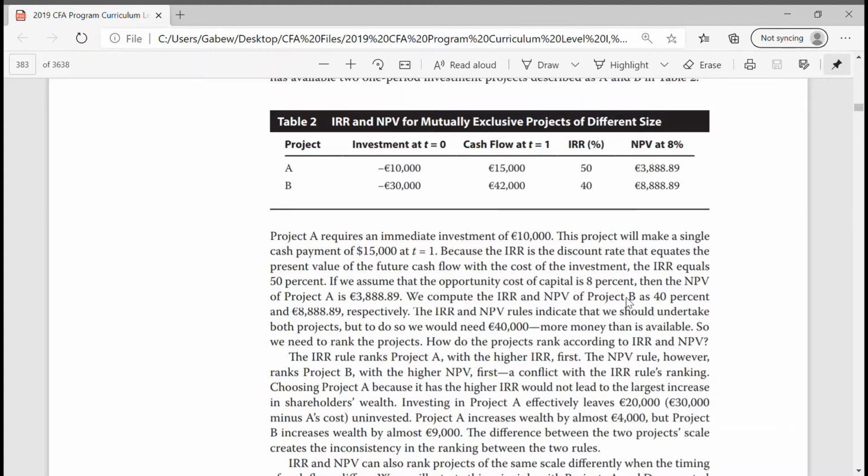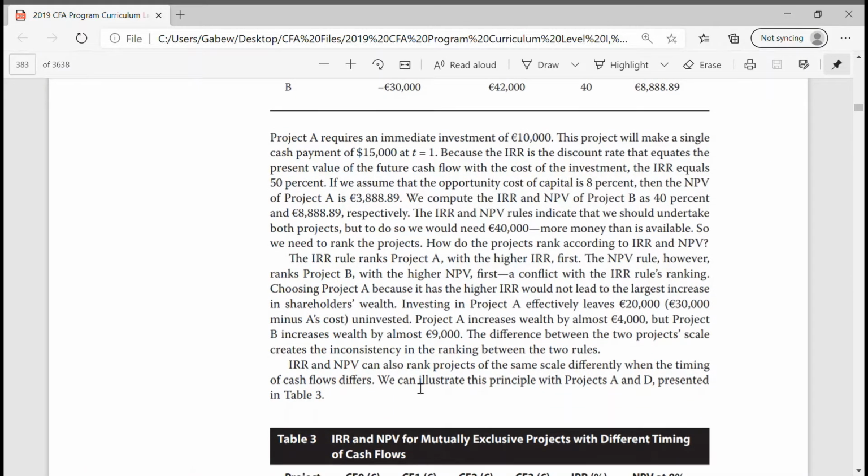The IRR rule ranks project A with the higher IRR first. The NPV rule, however, ranks project B with the higher NPV first. A conflict. The IRR rule's rankings, choosing project A because it has the higher IRR, will not lead to the largest increase in shareholders' wealth. Investing in project A effectively leaves 20,000, which is 30,000 minus A's cost, uninvested. Project A increases wealth by almost 4,000, but Project B increases wealth by almost 9,000.